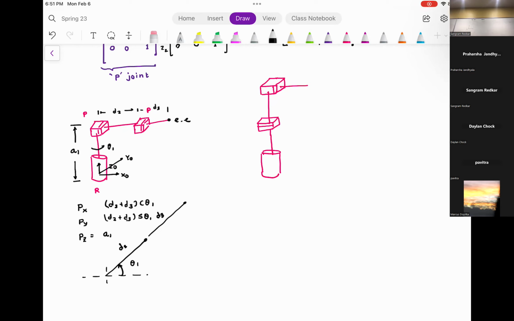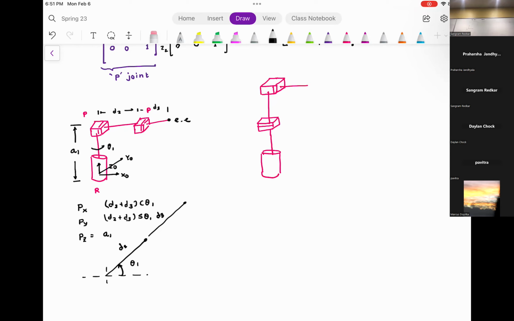So that gives you the value of theta. Then you substitute the value of theta and you get the value of Px. And this Px can be achieved by any combination of D2 and D3. So this distance could be 2, 3, 3, 2, 5, 4, 4, 5. Anything is possible. So inverse kinematics is just a simple ratio. Everyone understood this?